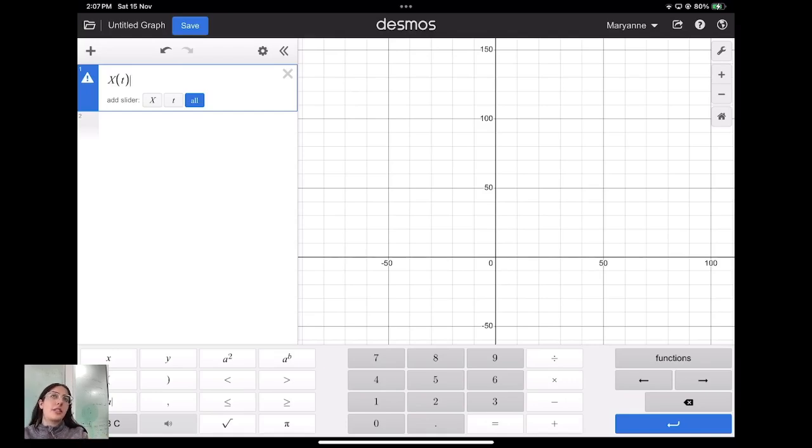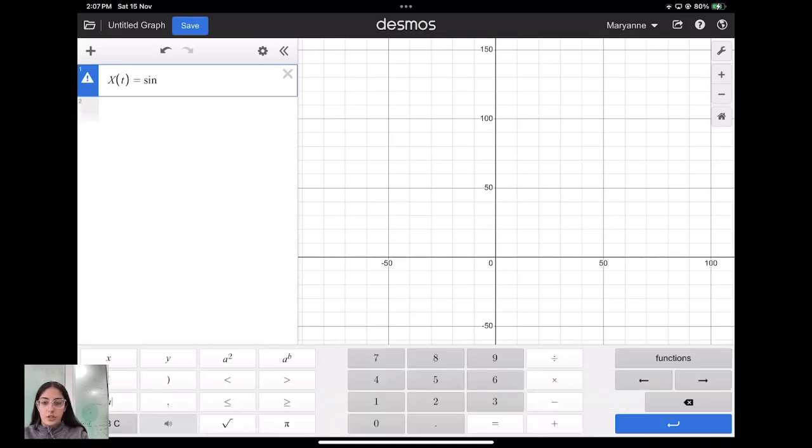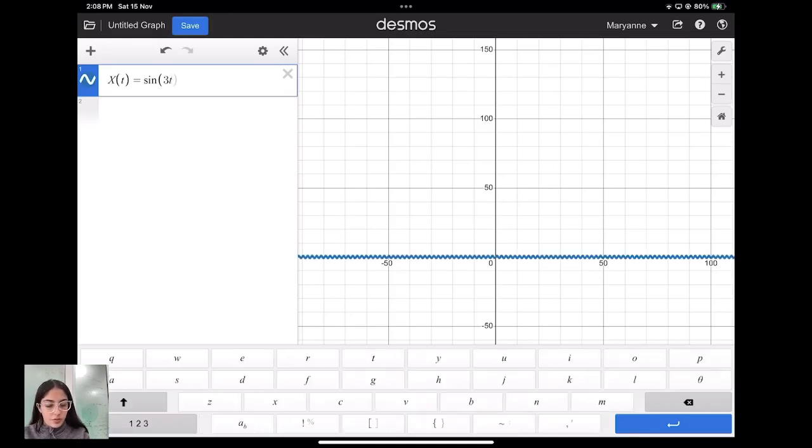That's the whole point of sliders in Desmos. They allow you to change. So I'll give you a really ugly parametric function. So 3t plus pi on 4.